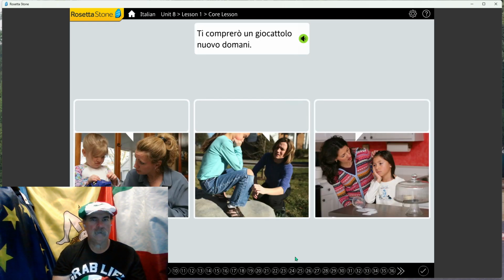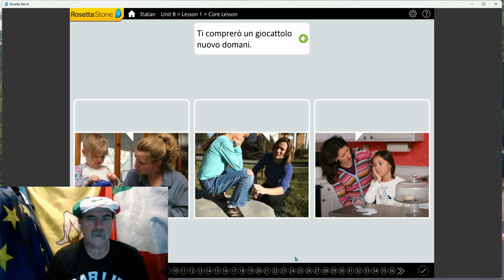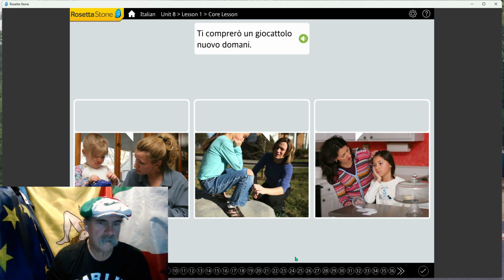Ti comprerò un giocattolo nuovo domani. See, now that's a future. Comprerò. Ti comprerò un giocattolo nuovo domani. I will buy you a new toy tomorrow. I'm going to go with this one because this kid looks like they just broke it.